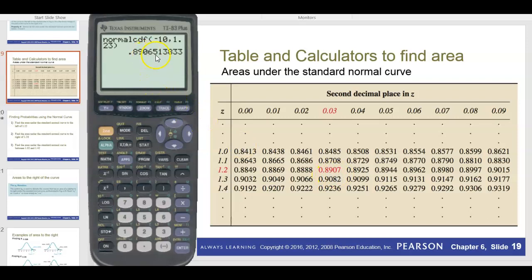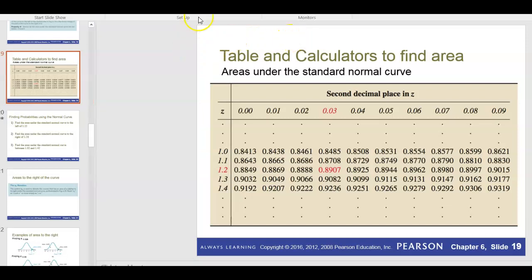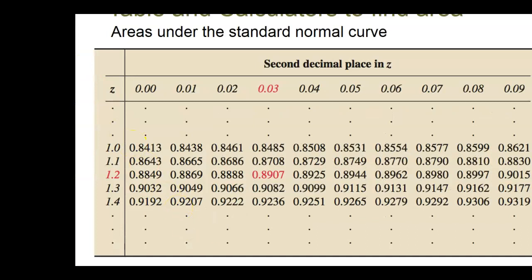That means that on a normal curve, to the left of a z-score of 1.23, that proportion of the population is going to fall within that range. Let me show you what this would look like on a normal curve.